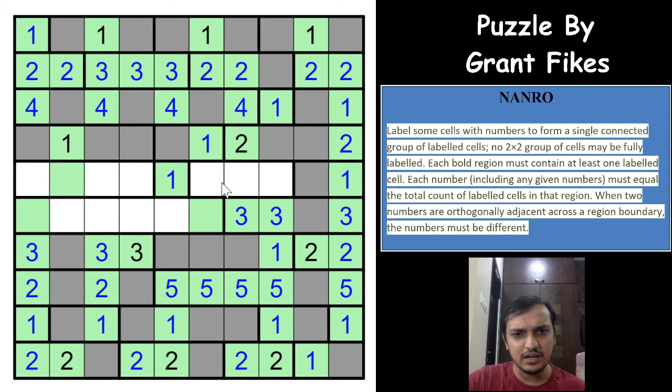And same way here, both of these cannot be shaded, and both of these cannot be unshaded, right? Because this area has to come out, and if both of these are shaded, it will be stranded, and if both of these are unshaded, this will form a 2 into 2 group of unshaded cells, which means that one of these has to be shaded and the other unshaded, right? Either way, if you see, these two will be unshaded.